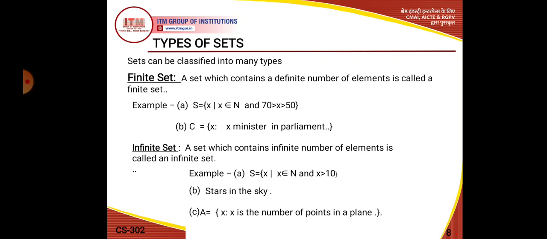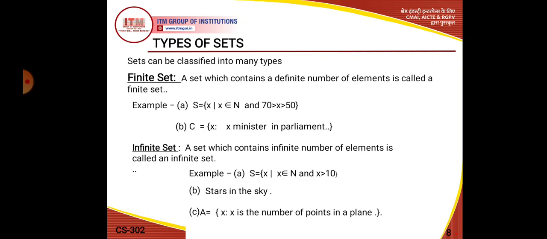Now the second example is stars in the sky. This is also one of the examples of an infinite set because in this set there are infinite number of elements.